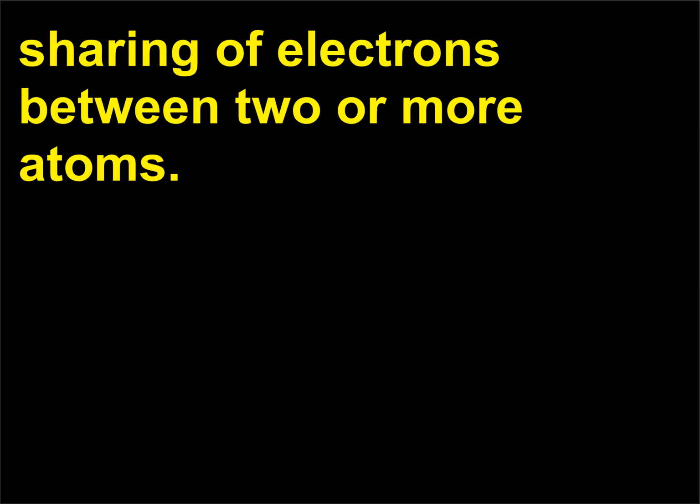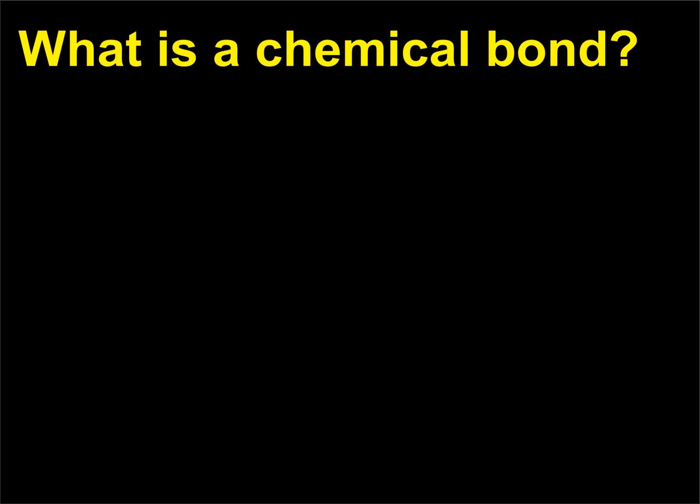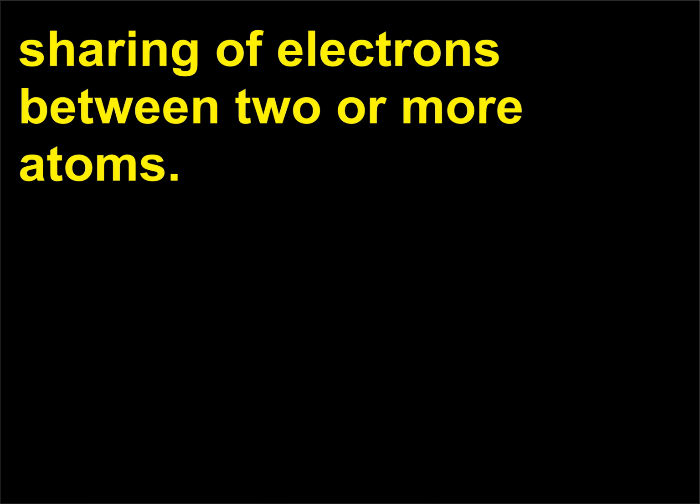Sharing of electrons between 2 or more atoms. What is a chemical bond? Sharing of electrons between 2 or more atoms.